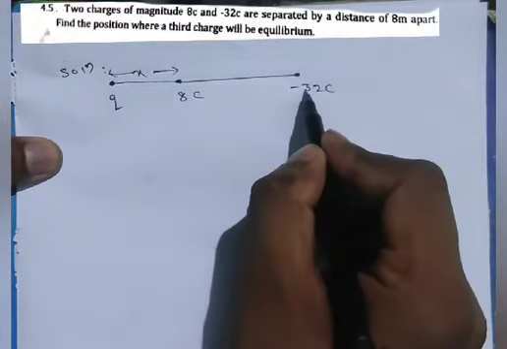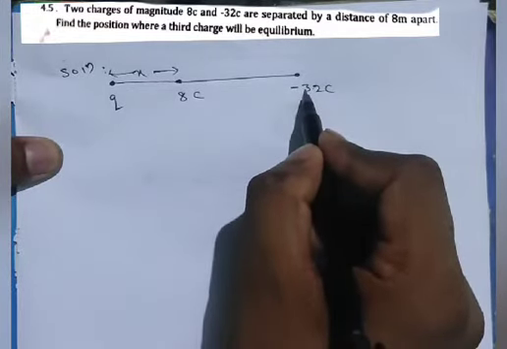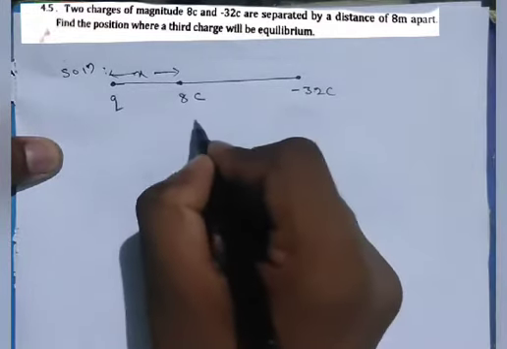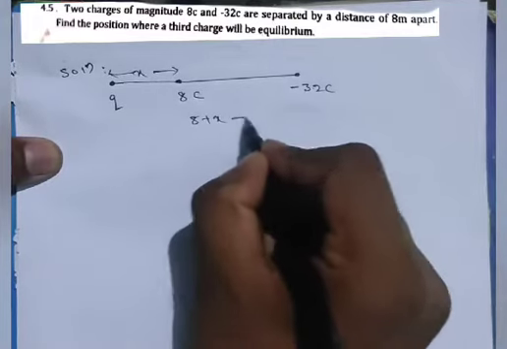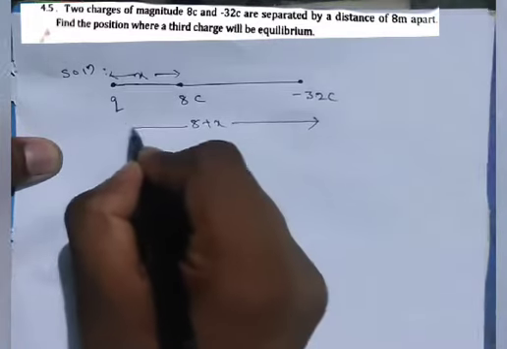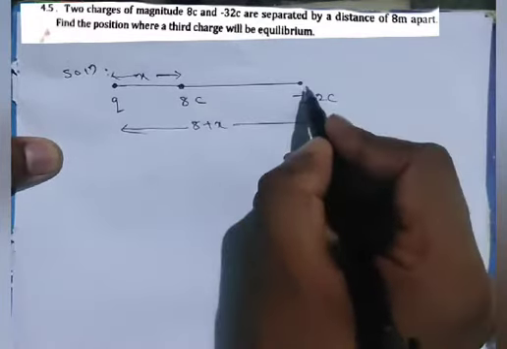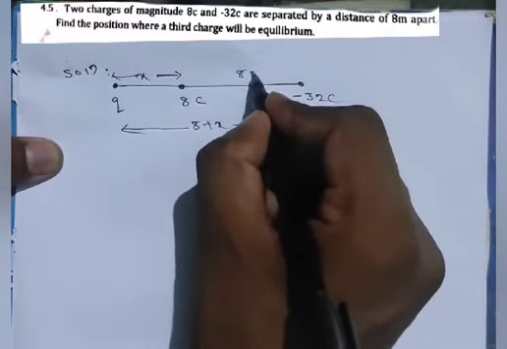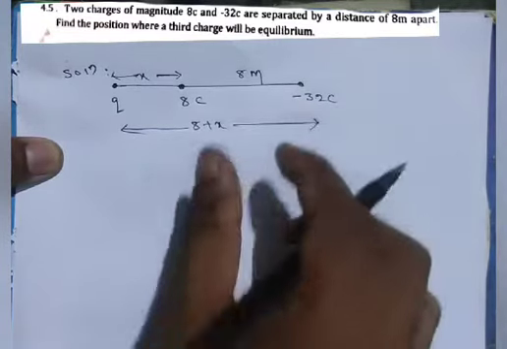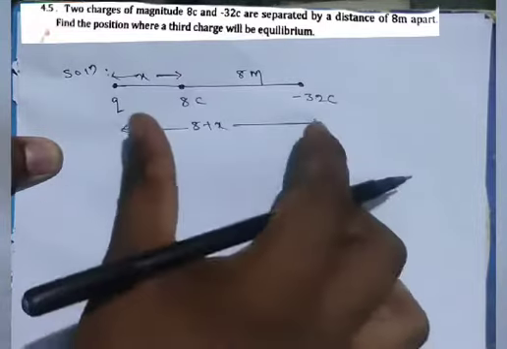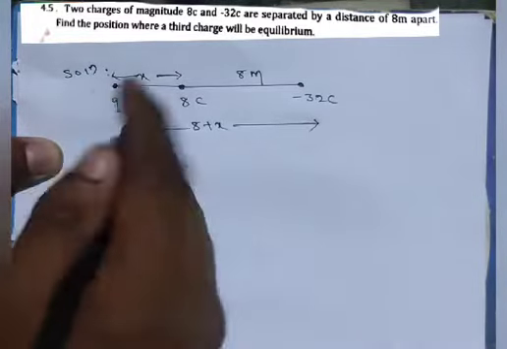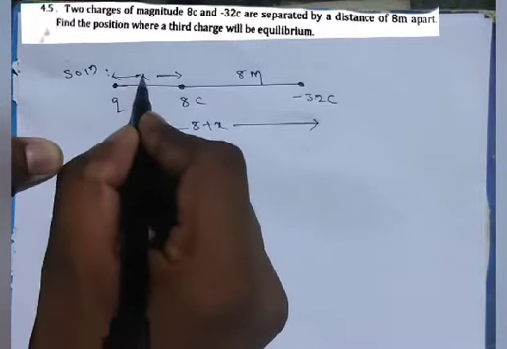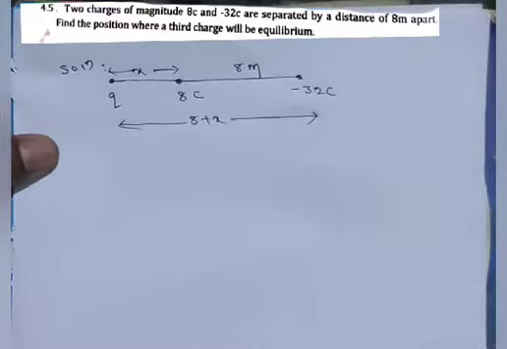So now minus 32 coulomb is situated at a distance 8 plus x meter, because in the question 8 coulomb and minus 32 coulomb charges are separated by a distance 8 meter. So this is 8, this is x, so total will be 8 plus x, and plus q is situated at a distance x from the 8 coulomb charge.